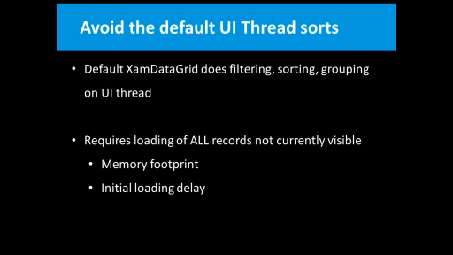So by default, let's say you have a XamDataGrid bound to 10,000 records or even 2,000. By default, the XamDataGrid does sorting on the UI thread. So let's say you've bound your grid to 5,000 records.